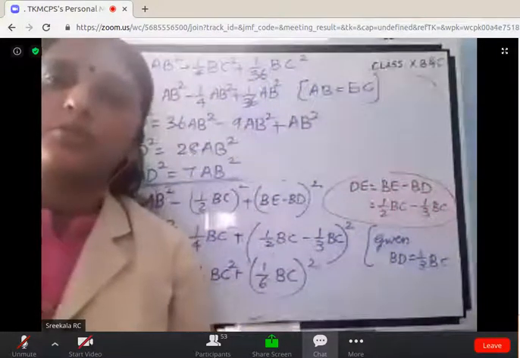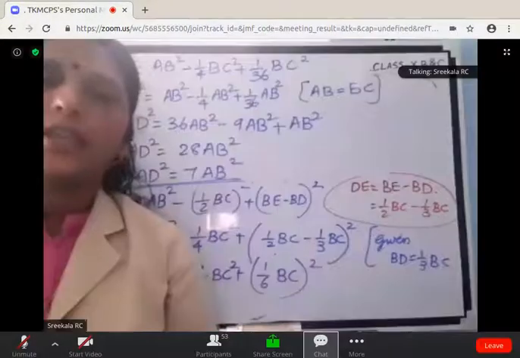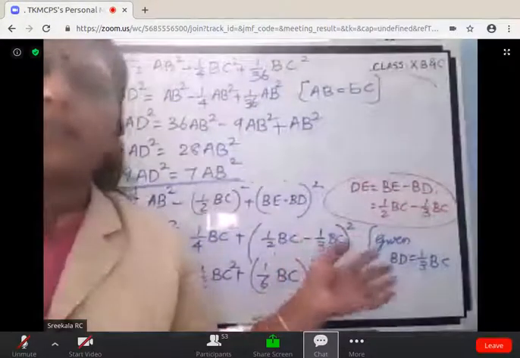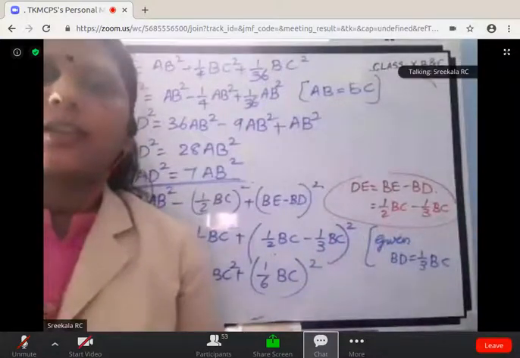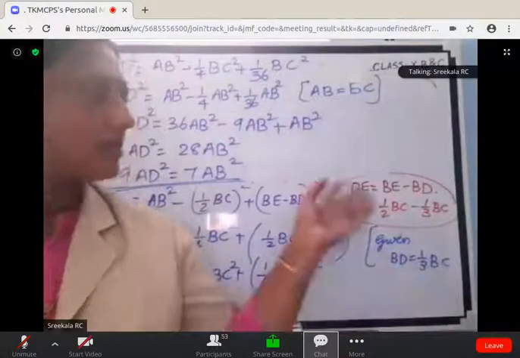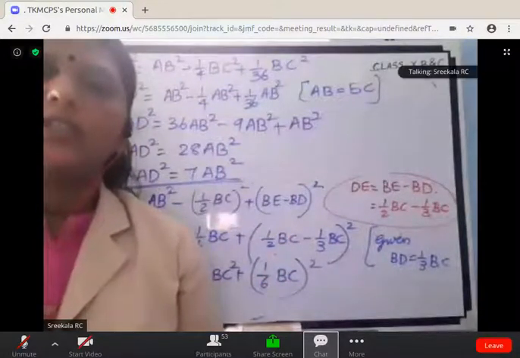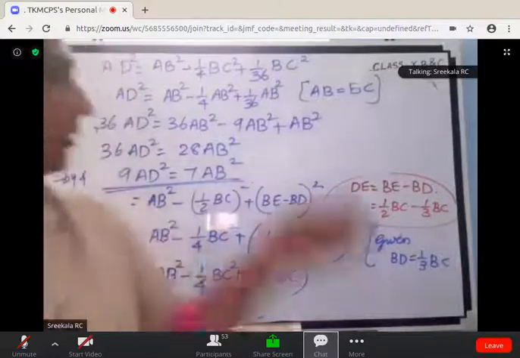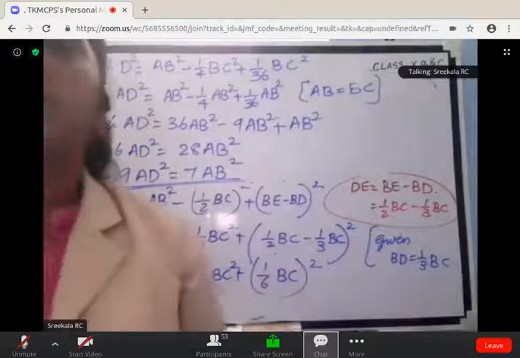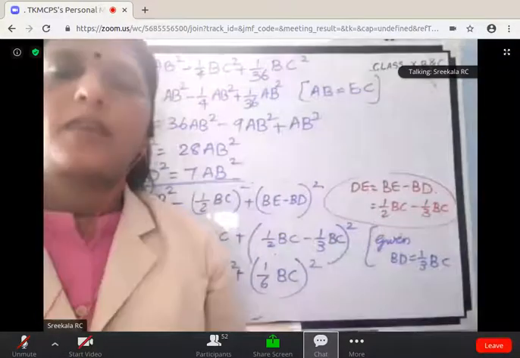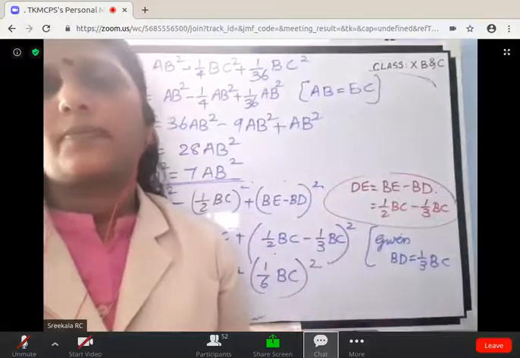You have to write this 2, 3, or 4, 5 times, then only the exam time is easy for you. Otherwise, it is difficult. When you write this again and again, then the steps will be clear. Not by heart, you have to write this step one by one. Write 3 or 4 or 5 times. Sometimes this question is asked as it is, and it is easy.